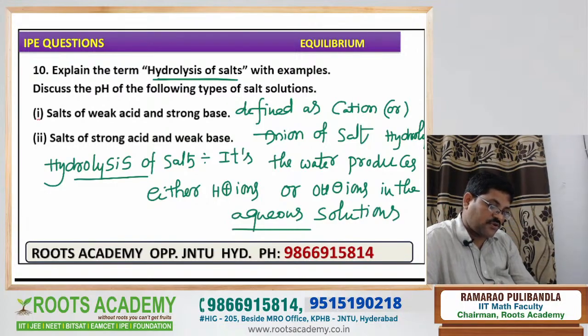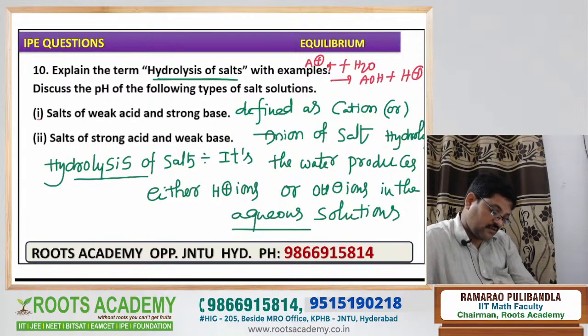For example, take the cation of the salt. Salt AB reacts with water. In the water, H plus is there, OH minus is there. A plus combines with OH minus and gives H plus ions. Like that, B minus of the salt: salt is a cation and anion, A plus and B minus.